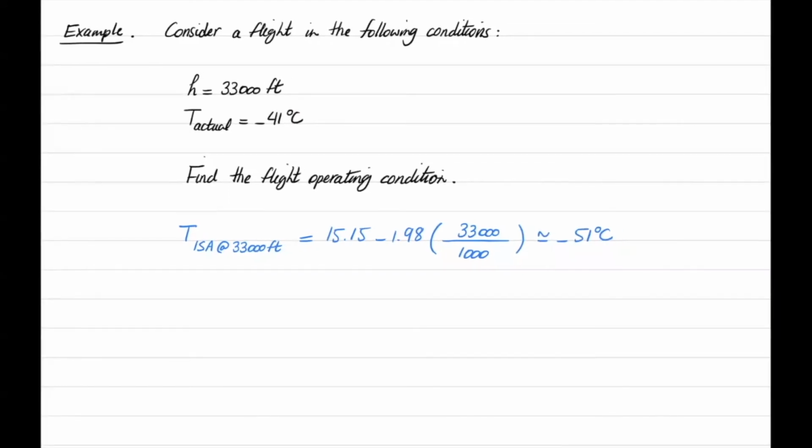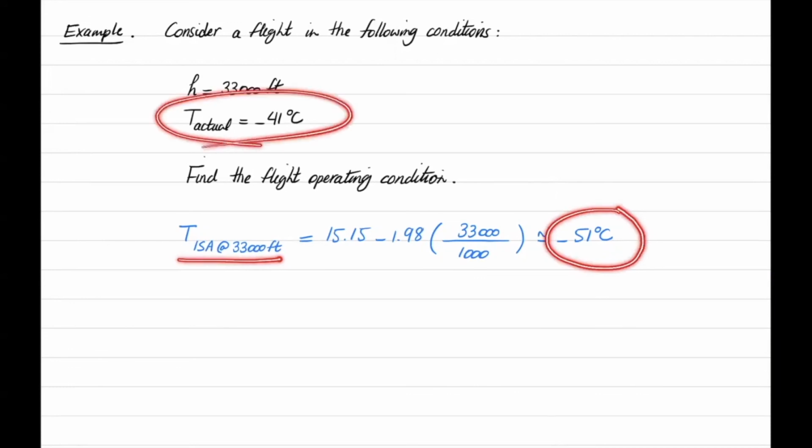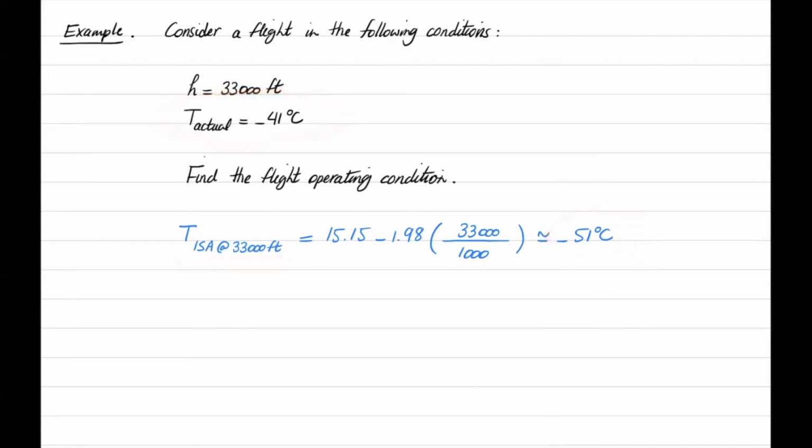So the standard temperature at the given altitude is minus 51 degrees Celsius, while the actual temperature was minus 41 degrees Celsius, which is 10 degrees above the standard temperature. So we can say that the flight is operated in ISA plus 10 condition, which means that the temperature is 10 degrees Celsius higher than the standard temperature.